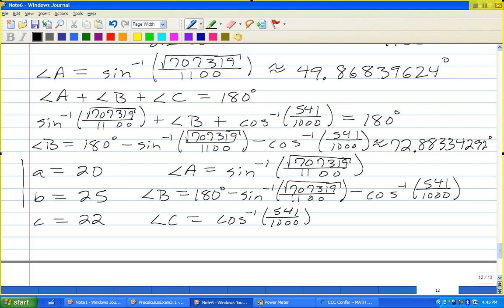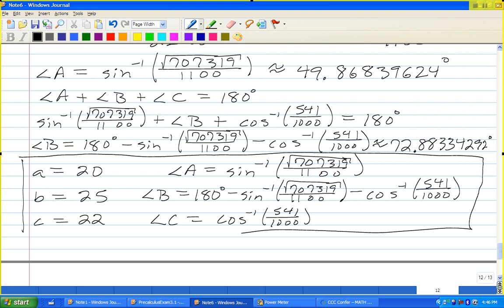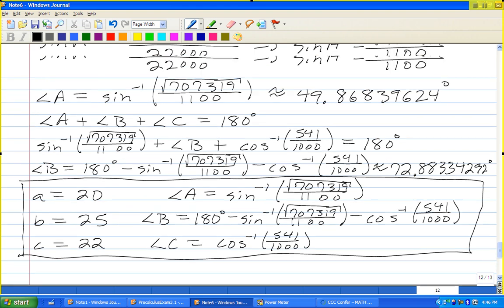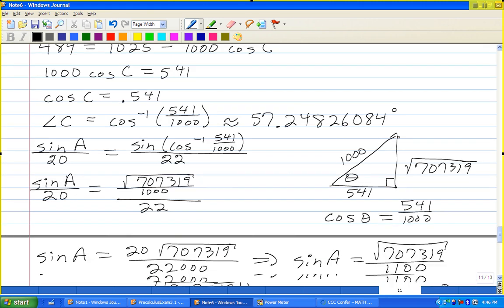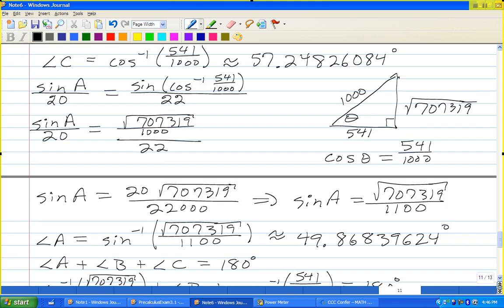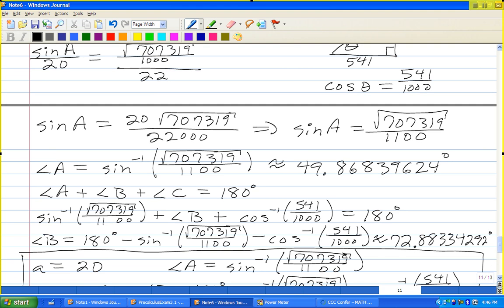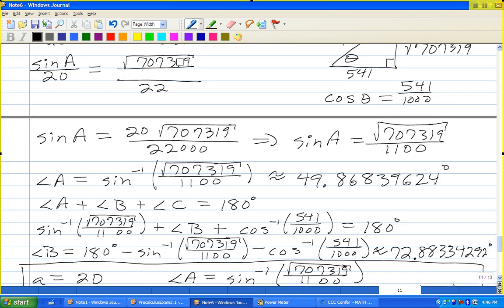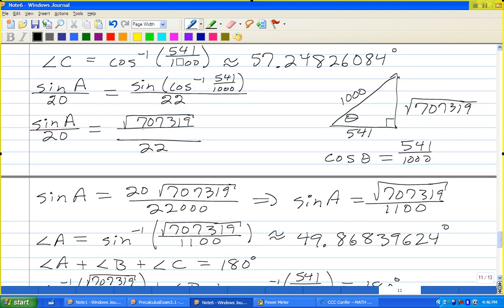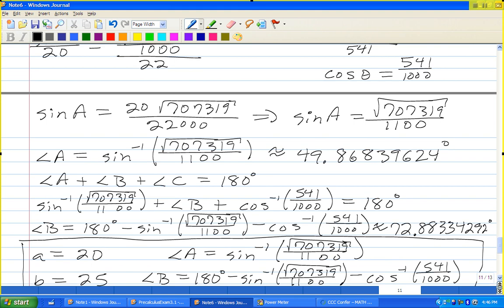Okay, so this is your triangle. Okay, that was problem 15. Oh, that 1,000 is correct there, but the 1,000 is incorrect there.